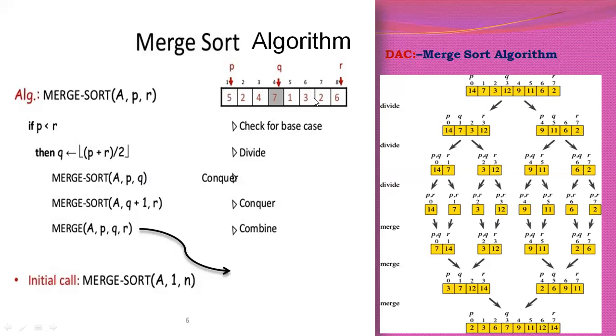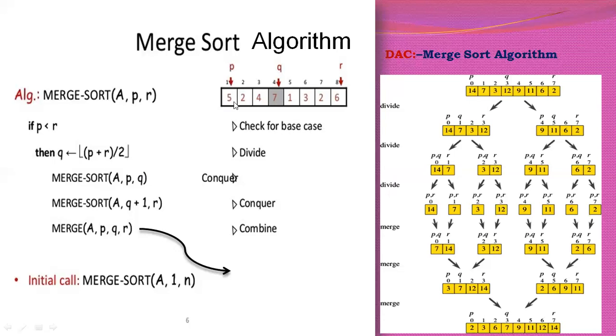Later on, we need to sort the elements in the right side sub array. So this statement deals with sorting the left side sub array elements, starting from P and ending with Q. So starting from here and ending with 7, we need to sort these four array elements initially in the left half of the array.